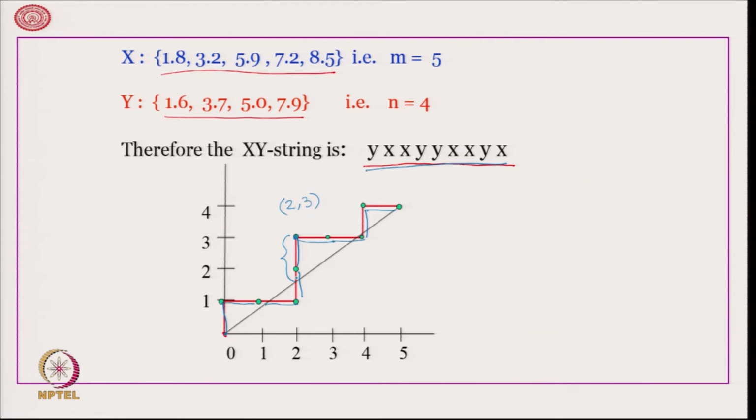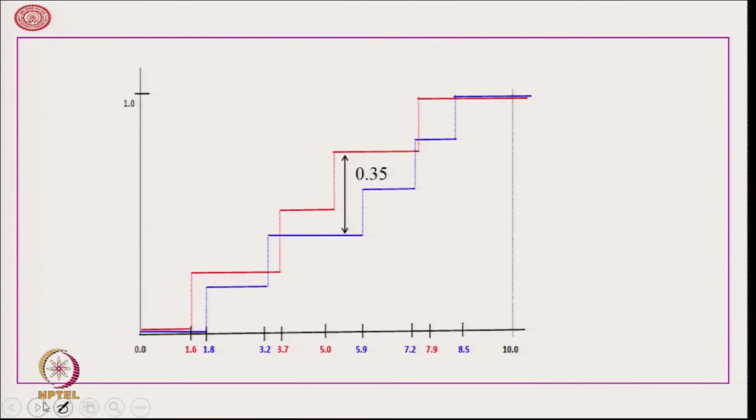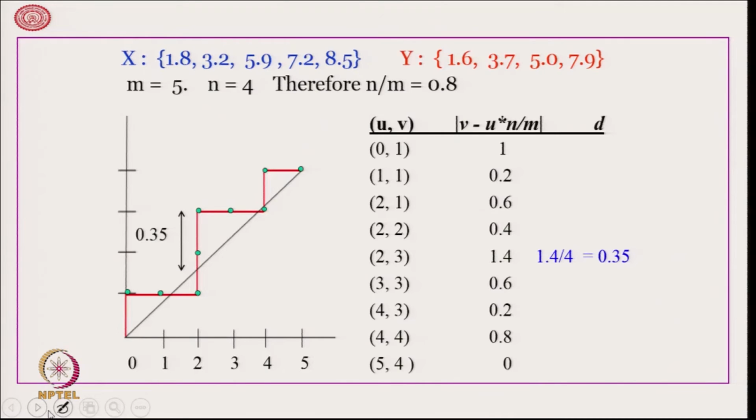The distance we can compute mathematically very easily, but let us go into this diagram. Here we find that this maximum distribution is 0.35. So, what we did corresponding to all the points that we have already marked, 0 1, 1 1, up to 5 4, we have computed v minus u star n by m, and the maximum of them is coming out to be 1.4.